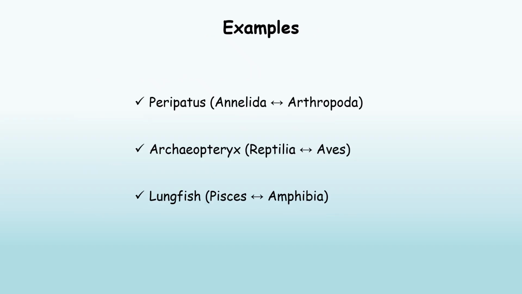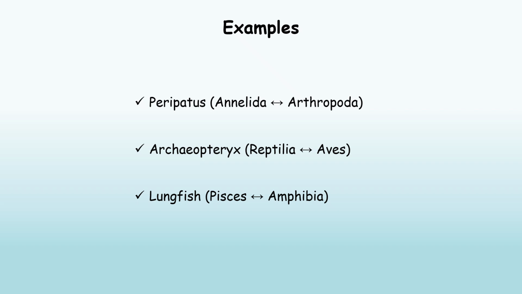The examples for such connecting link species which are very commonly discussed: Peripatus, which belongs to the invertebrate category, acts as a connecting link between the phylum Annelida and phylum Arthropoda.